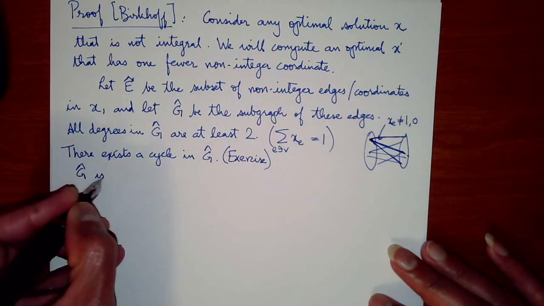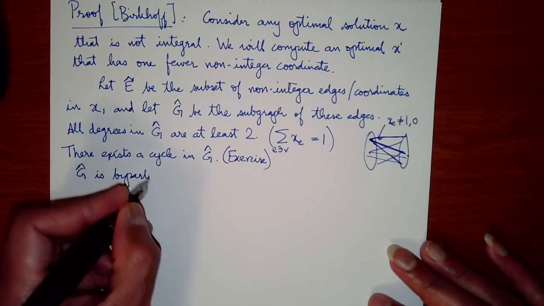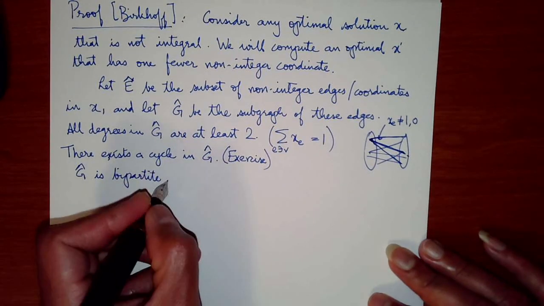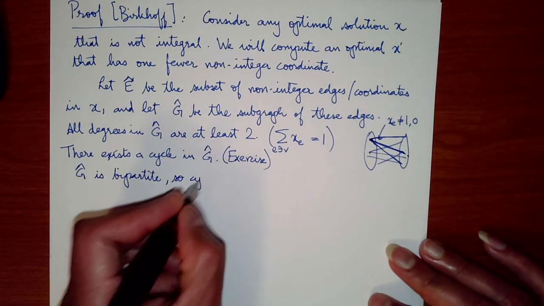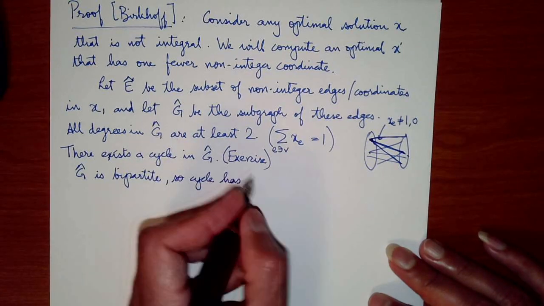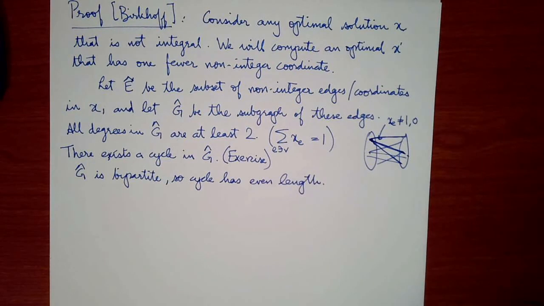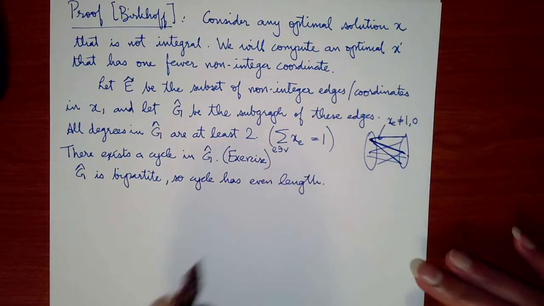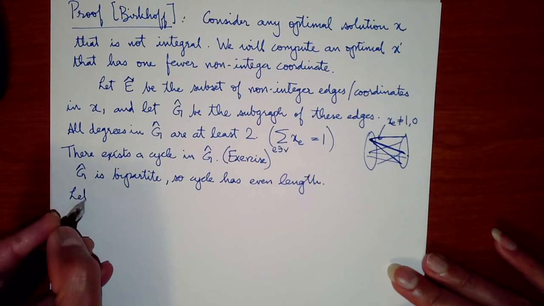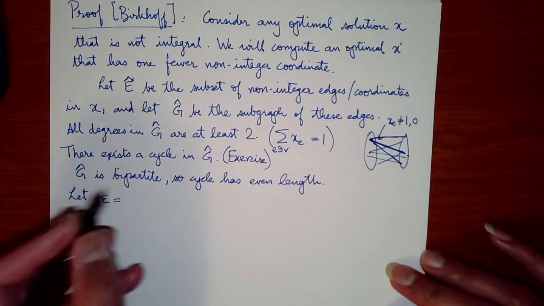G prime is bipartite, so the cycle has even length. Let epsilon be equal to the min.